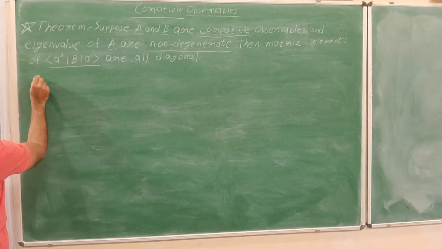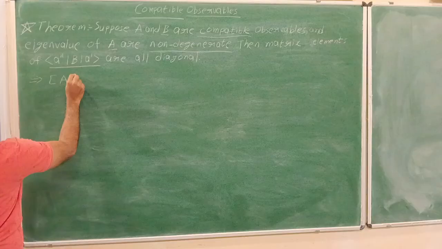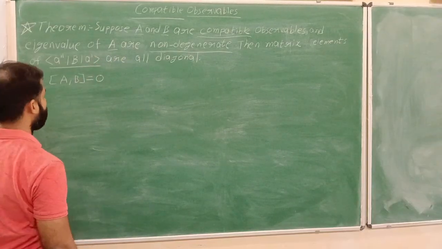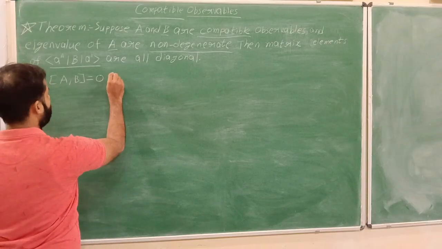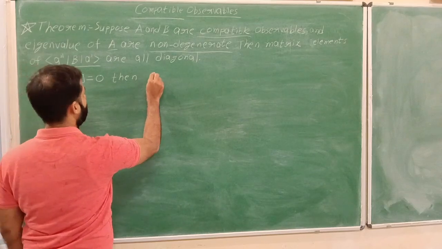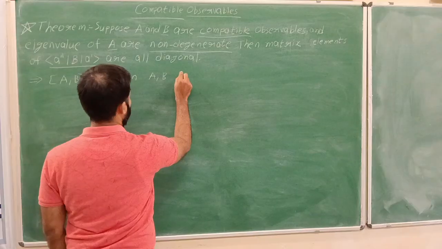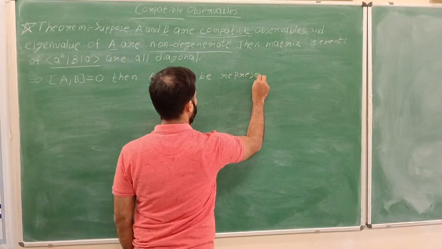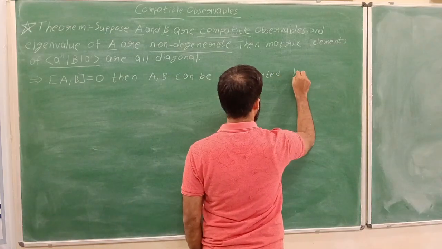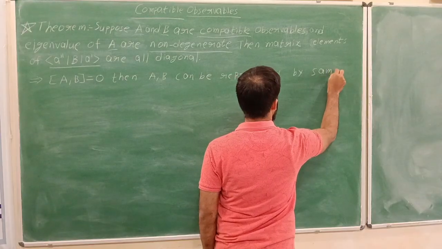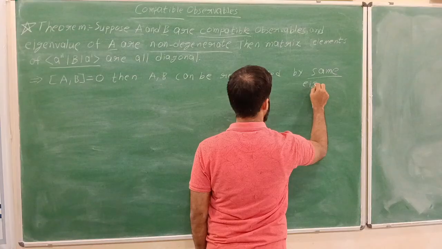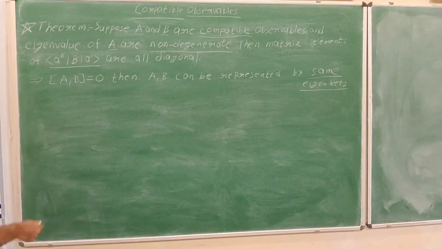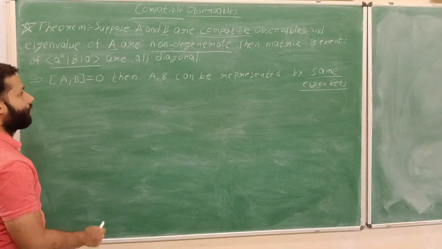So what we notice in this is that when two observables A and B are compatible observables and A has non-degenerate eigenvalues, then operators A and B, observables that are commuting and have non-degenerate eigenvalues, share the eigenkets.